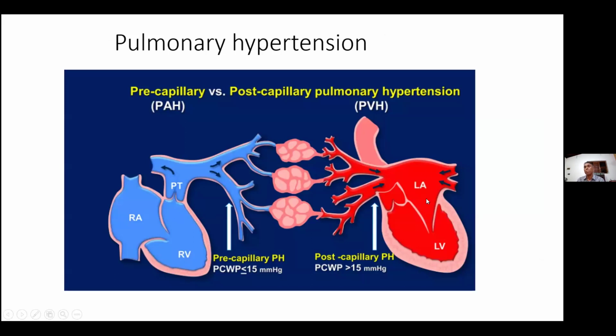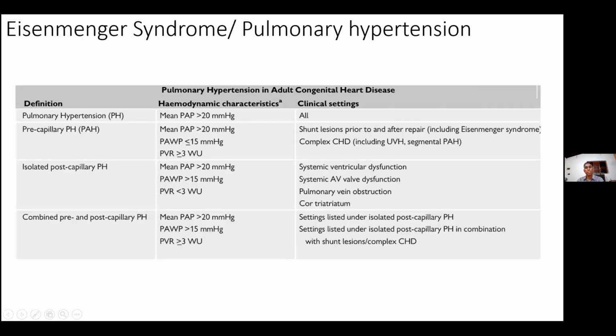Mitral stenosis is the commonest one you see, and sometimes severe aortic stenosis. For example, if the aortic valve is highly stenosed, the left ventricular pressure will go up, and the left atrial pressure will go up, and the pulmonary venous pressure will go up. Therefore, it will be reflected on the other side. So that is post-capillary pulmonary hypertension.